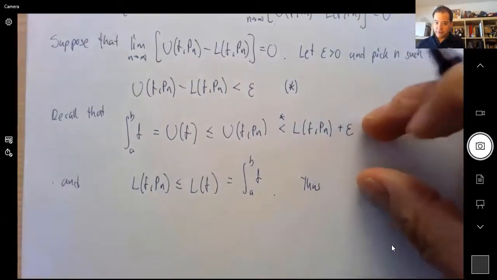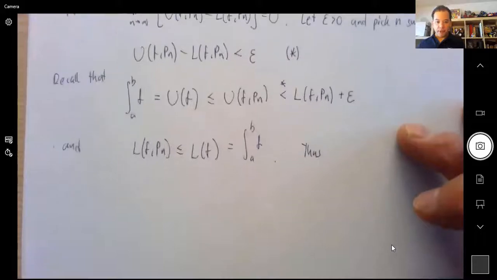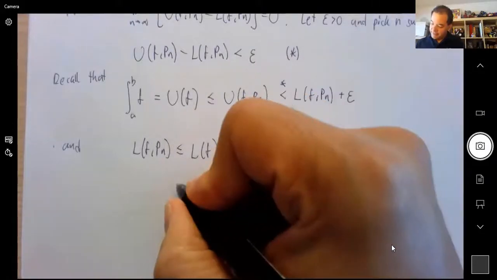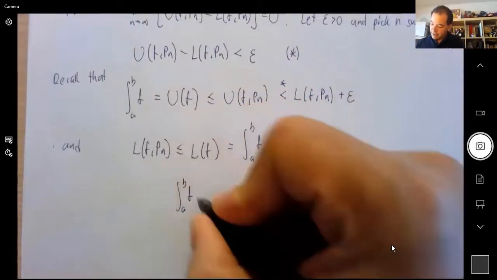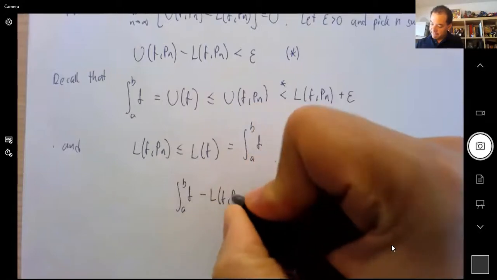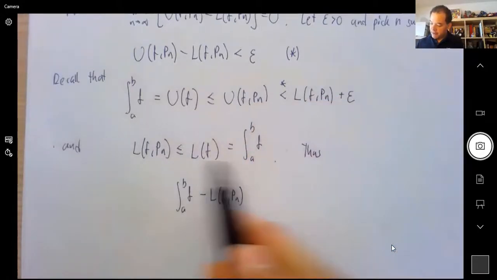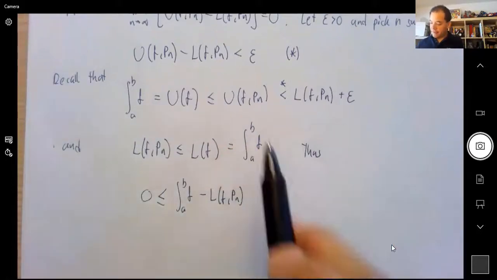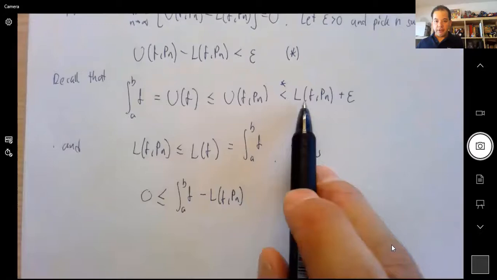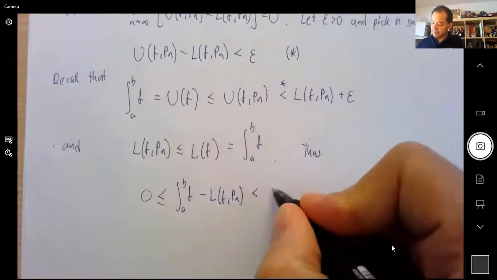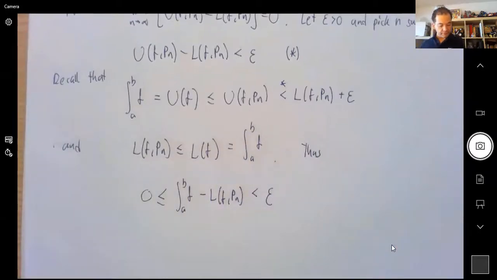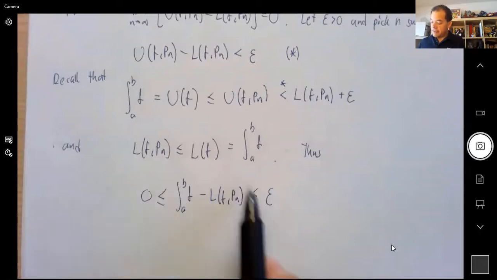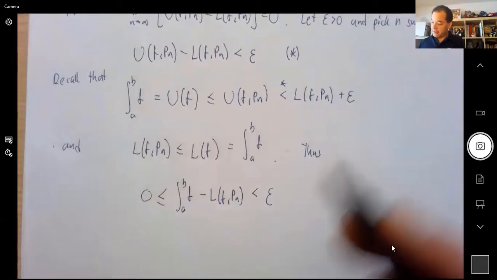So take a look at these two inequalities, and I'm going to put them together. What do they say together? It says that the integral minus the L, this one over here, is positive, greater than or equal to 0. That's this one. But using that one, it's in fact less than epsilon, right? So then this by definition means that this limit is 0 when n goes to infinity, right?